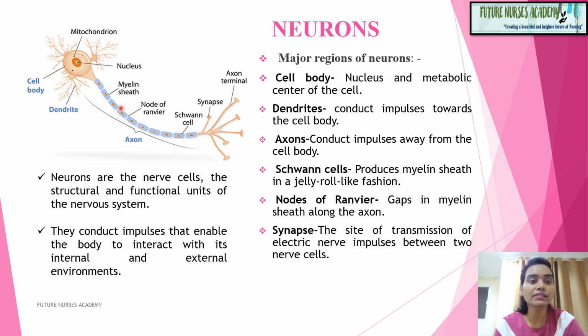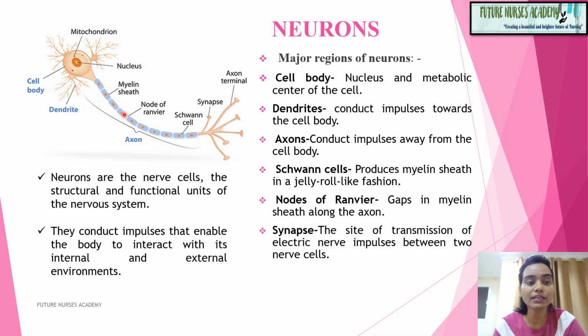Here we can see the structure of the neuron, the parts or regions of the neuron. This is the cell body, and within the cell body the nucleus is located centrally. Nearby are the dendrites, which are finger-like structures. Dendrites work as afferent nerves.